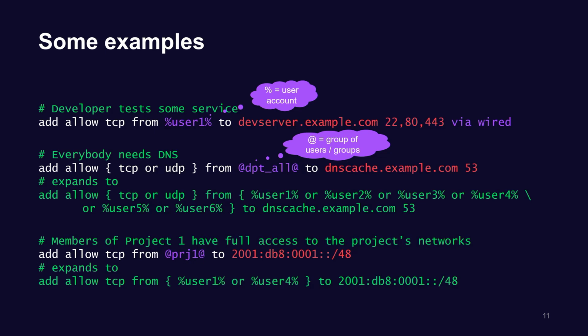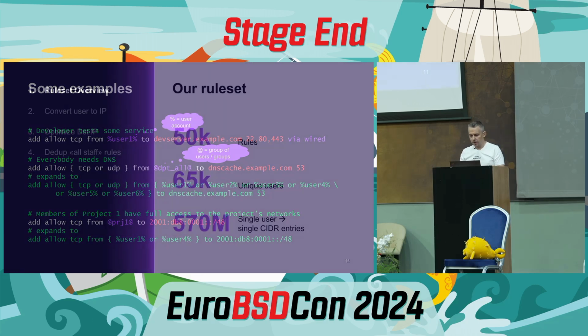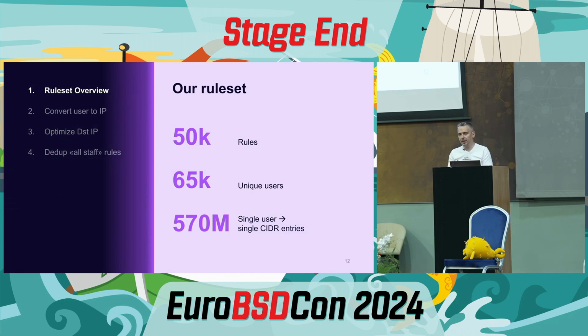In green, you see how the processor that is in charge of converting these rules into Ipfw unpacks these rules. Given that simple explanation, here's our numbers. We have about 50,000 rules running in our kernel.